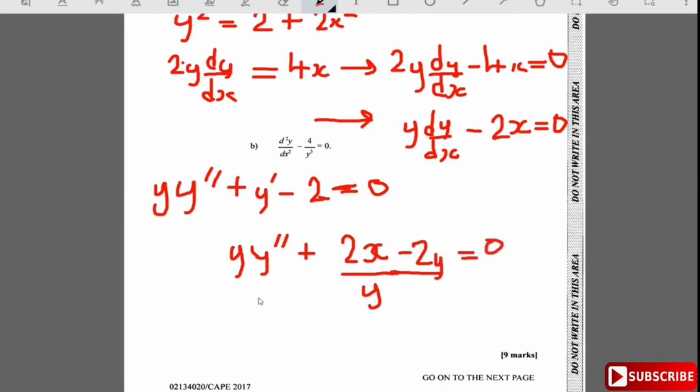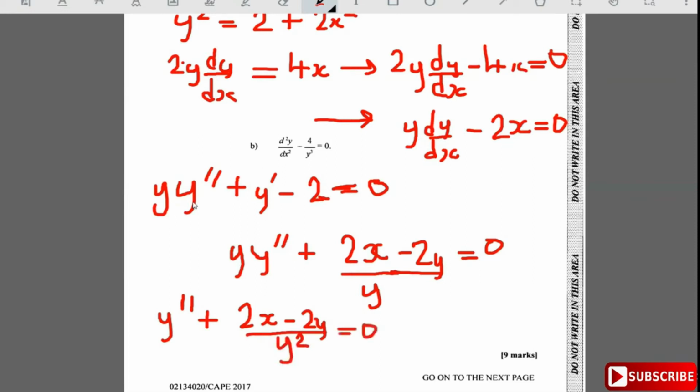And you're going to say, sir, I don't see it. Relax, man. Divide through by y, you're going to get y double prime plus 2x minus 2y over y squared is equal to 0.